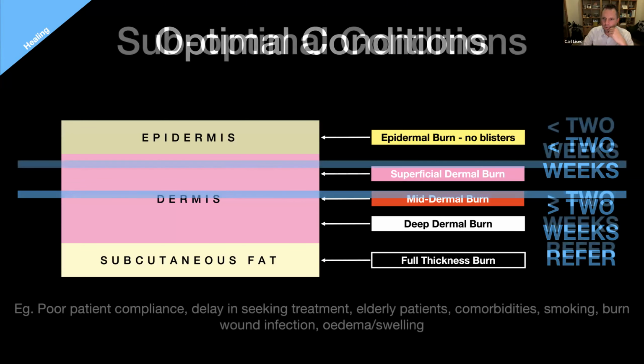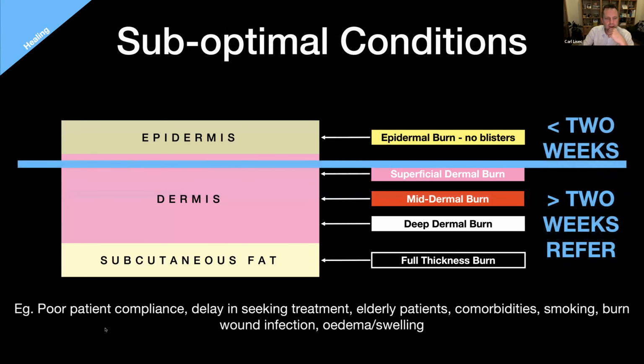And if you've got a patient with suboptimal conditions, so poor patient compliance, someone who's not going to keep their dressings on, who delays seeking medical advice, if you've got elderly patients with comorbidities, patients who smoke, if you've got a burn wound infection or there's edema and swelling in lower limb burns, then that changes the dynamics of how things heal.